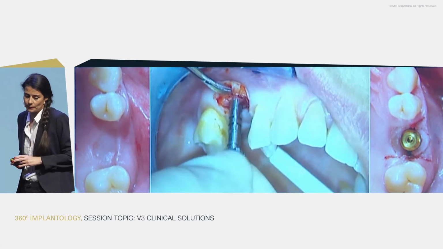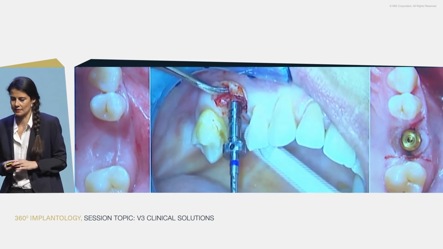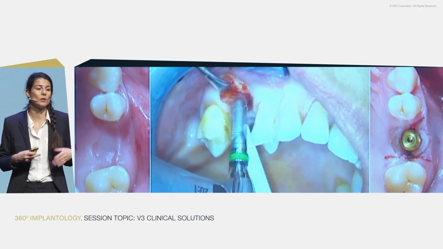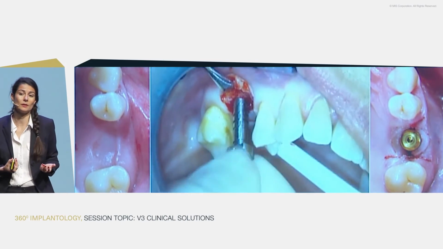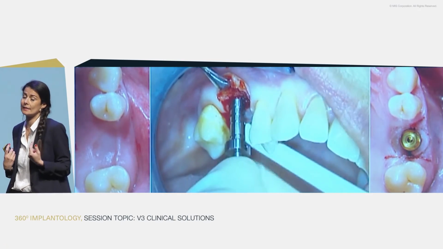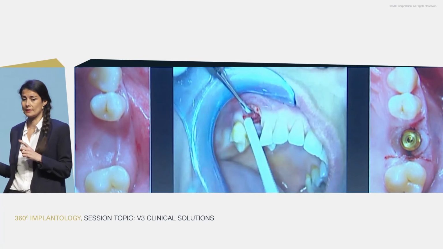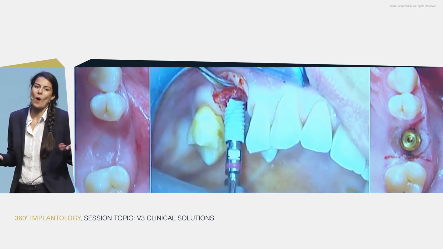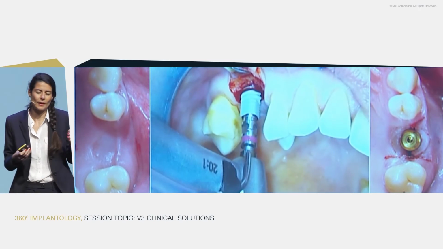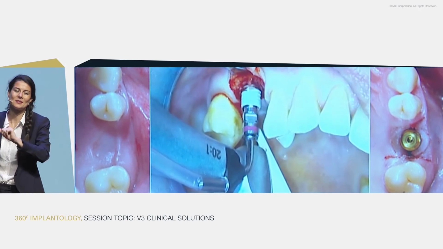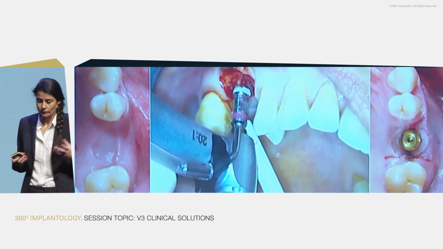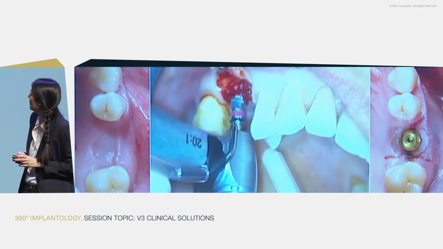What is interesting is that with all implants, whether V3 or C1, we could get an excellent primary stability when working in the posterior maxilla, because all the implants were placed in the maxilla. We usually have type 4 or type 3, so low bone density, and still we could get good primary stability.